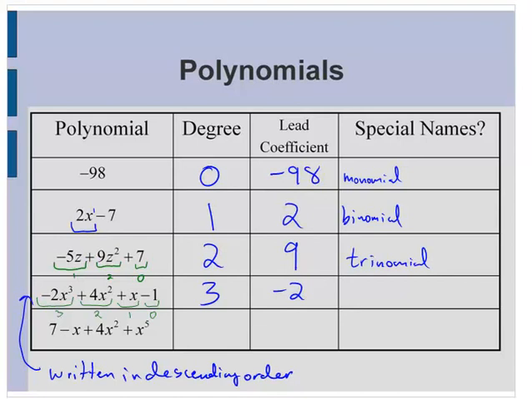It is written in ascending order. All right, looking at the degrees again. Degree 0, degree 1, degree 2, degree 5. The highest degree is 5, so that's the degree of the polynomial. And the lead coefficient is the coefficient on that monomial, so the lead coefficient is 1. We generally like for polynomials to be written in descending order.